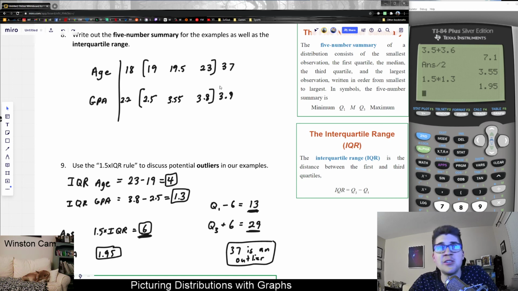So basically, we don't have any outliers for GPA. Even on the lower side, because if you take 2.5 and subtract 1.95, you would have to have a GPA of about 0.55 in order to be considered an outlier, which we don't have. So we'd say that there are no outliers on the GPA scale, and there is only one outlier under the age consideration.